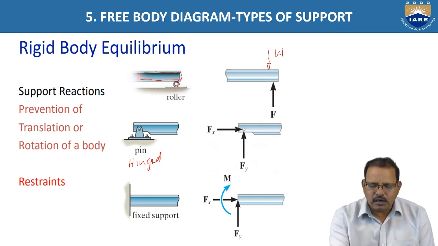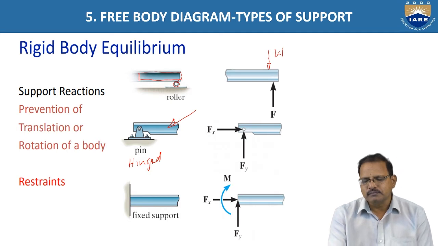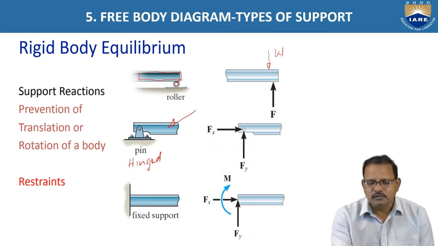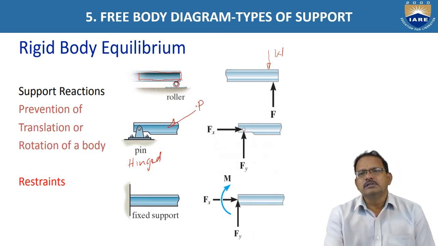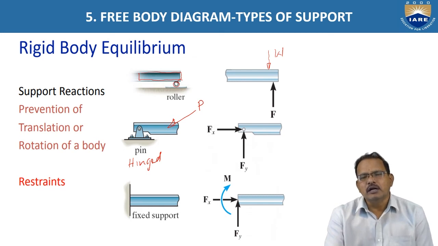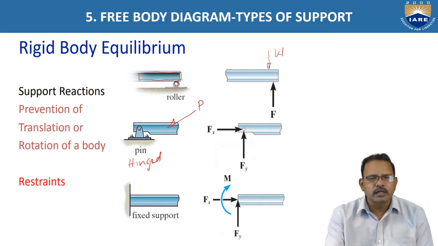When a force is acting on it, the body will not move along the x direction as well as the y direction. Hence, the reaction developed at the pin joint has two components: one along the x direction, Fx, and the other along the y direction, Fy.